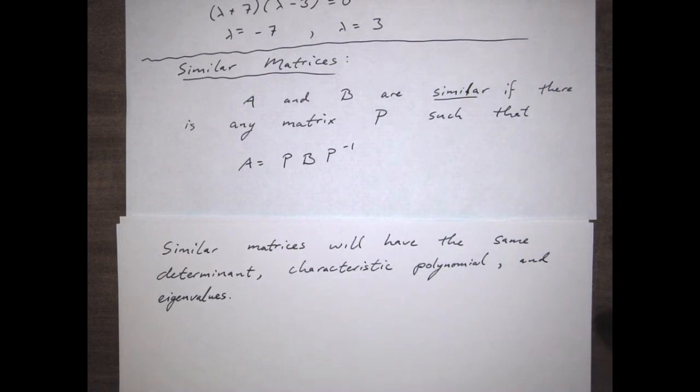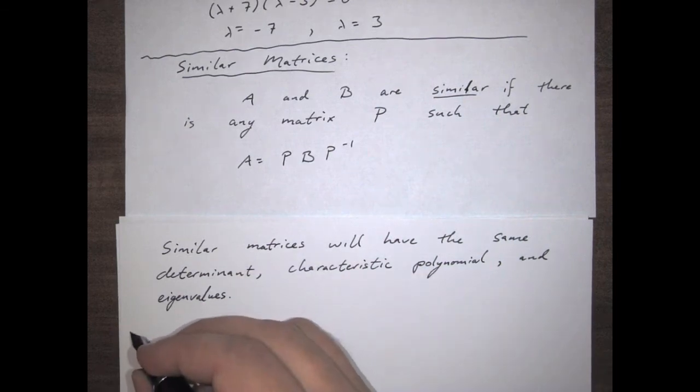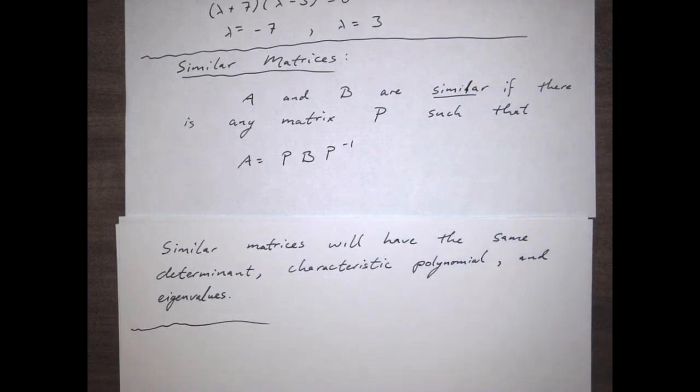For this reason, eigenvalues are called an invariant of the matrix, but that's not something we need to dwell on right now. We'll see what the consequences of this will be in a later section.